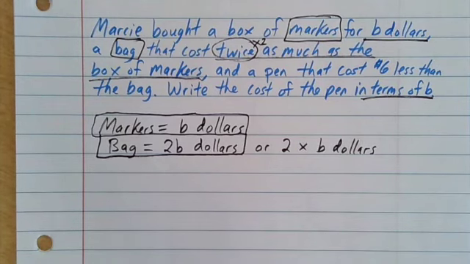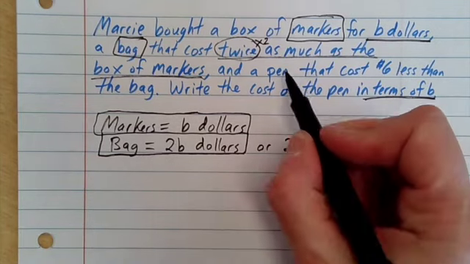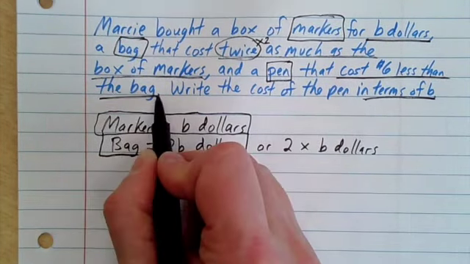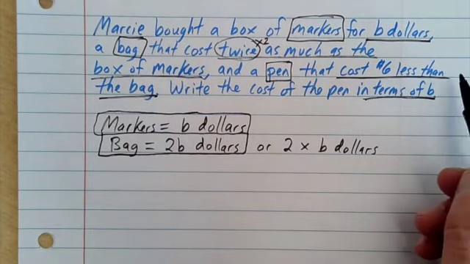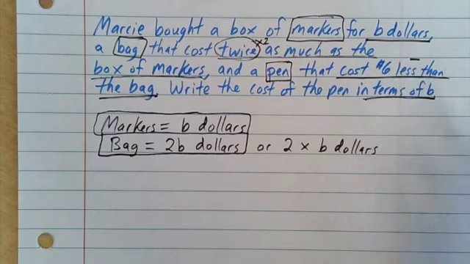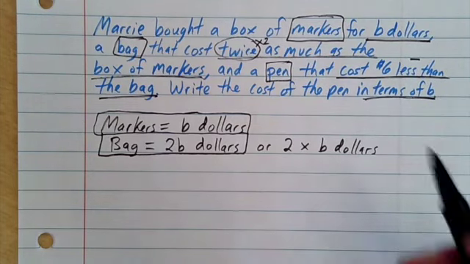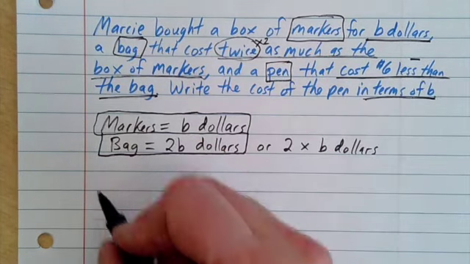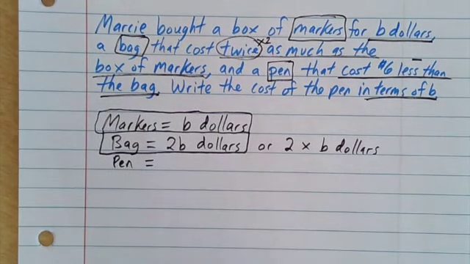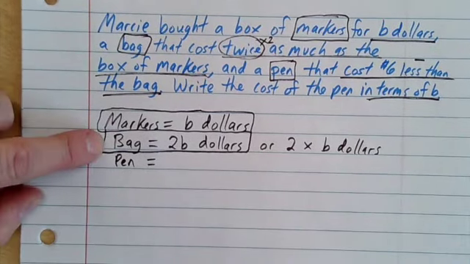And then the last thing that I buy is a pen, and that costs 6 less than the bag. So what does this mean, 6 less than the bag? Less than would mean we need to subtract from the bag. So this is the pen. How do I subtract 6 from the bag? Well, you have to look back up, what does the bag cost?